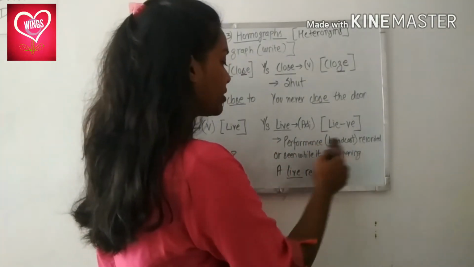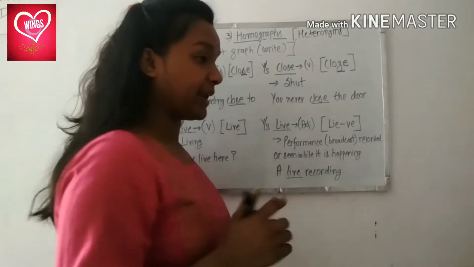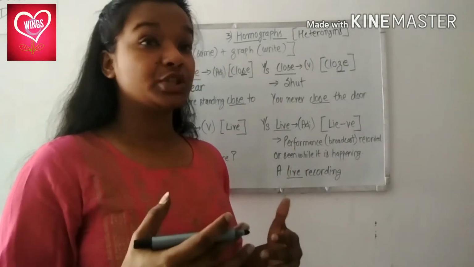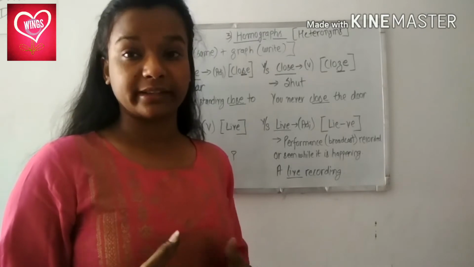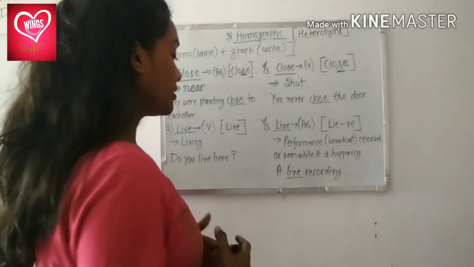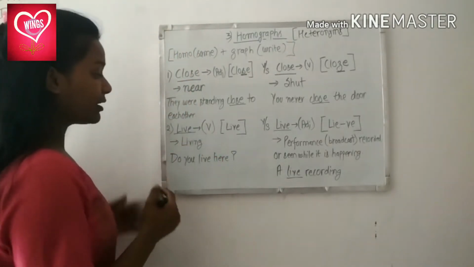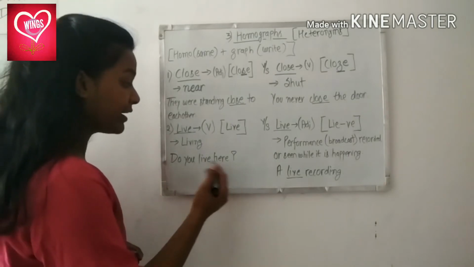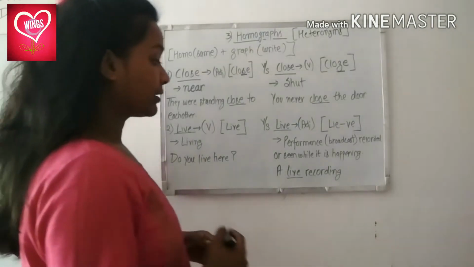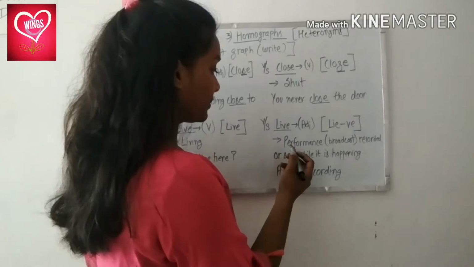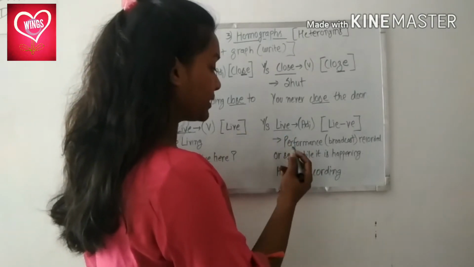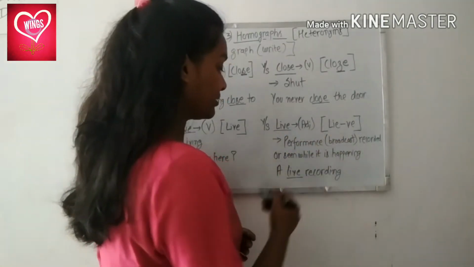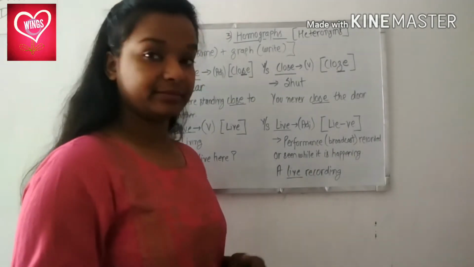Performance recorded or seen while it is happening. Live shows are there, right? So example of first one is, do you live here? Example of second one is, that is a live recording.